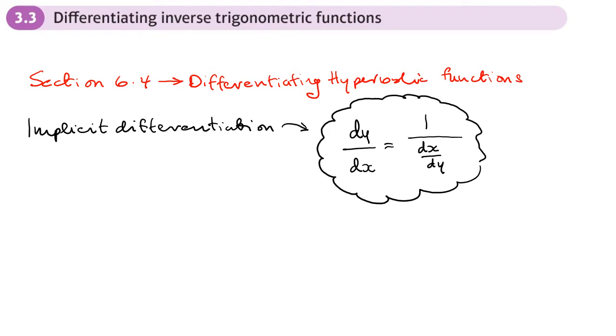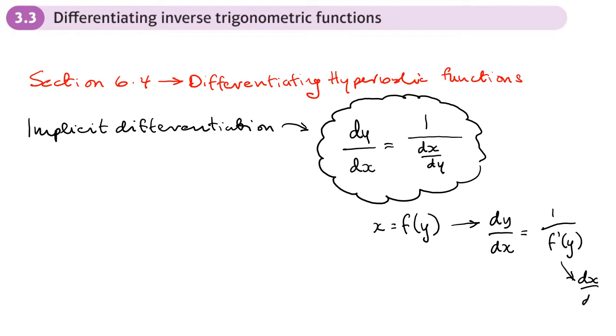So where we have x equals a function of y, and we differentiate that, dy dx is going to equal 1 over that function of y differentiated. We're going to use that to help us differentiate these inverse trig functions.